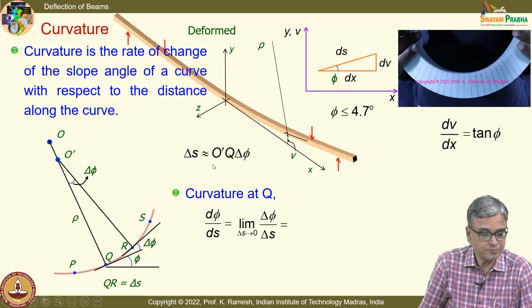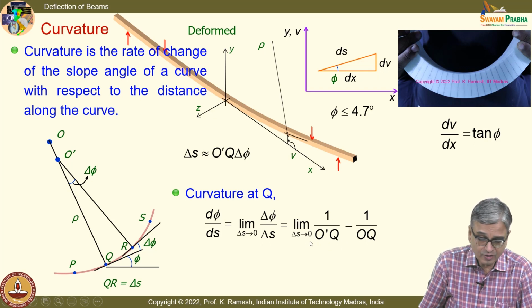From this diagram, you can say it is O prime Q delta phi. So, I can write this as limit delta s tends to 0, 1 by O prime Q. Because we are talking about delta s going to 0, in the limit I can also write this as 1 by OQ. And we get the relationship d phi by ds equal to 1 by rho.